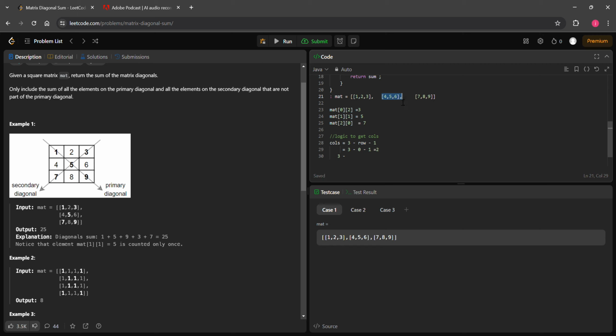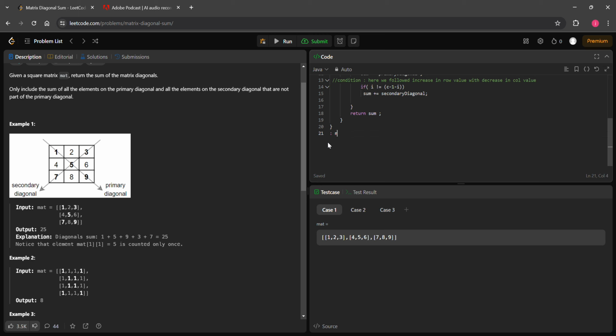This is the first row. So 3 minus 1 minus 1, which will give me 1. Here we got 1. See, we needed 1 here. We got the 1. So basically, the same way, the last one will be 3 minus 2 minus 1, which will give me 0. So that is the logic we have used to get the column value.